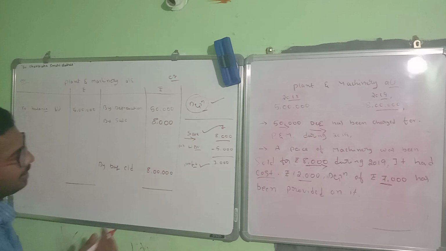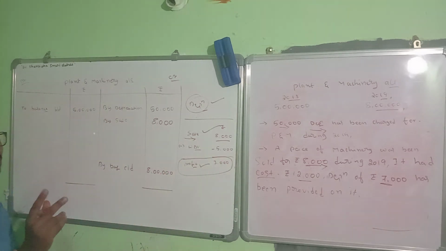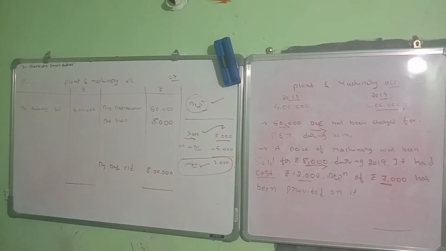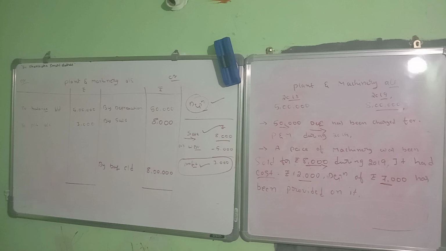From the sale it leads to a profit of 3,000. As I told you, we should follow the thumb rule: any transaction that is an inflow to the plant and machinery account, post on the debit side. So the profit is coming into the machinery account, so we should record it on the debit side, to profit and loss account 3,000.